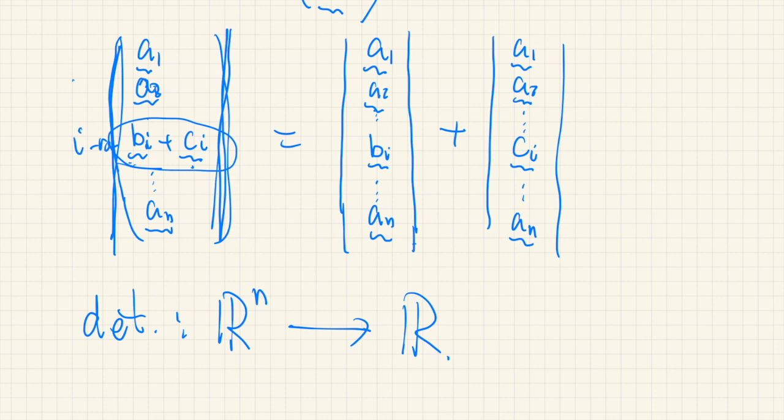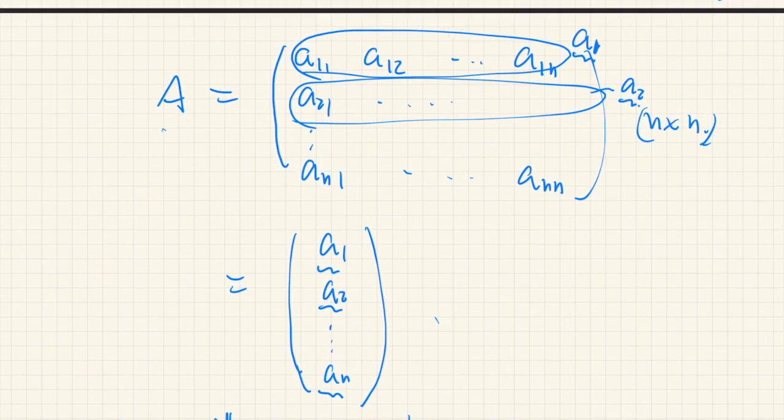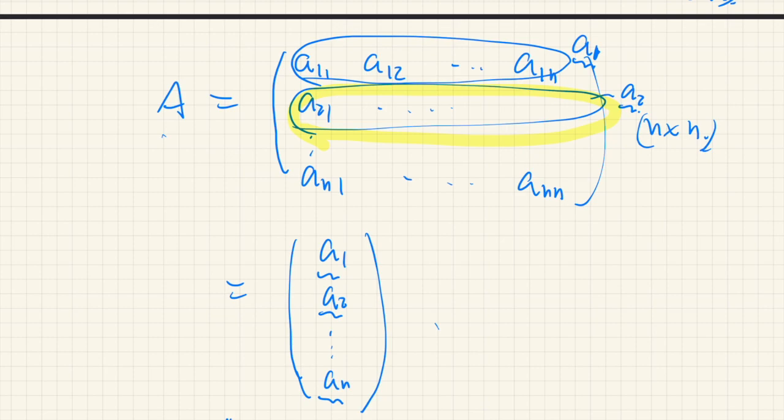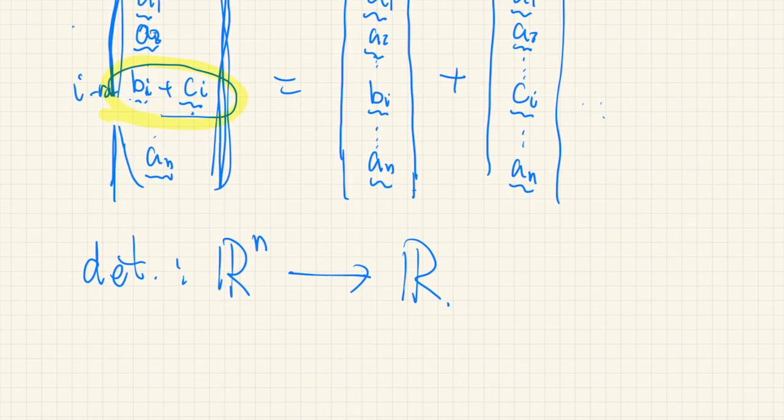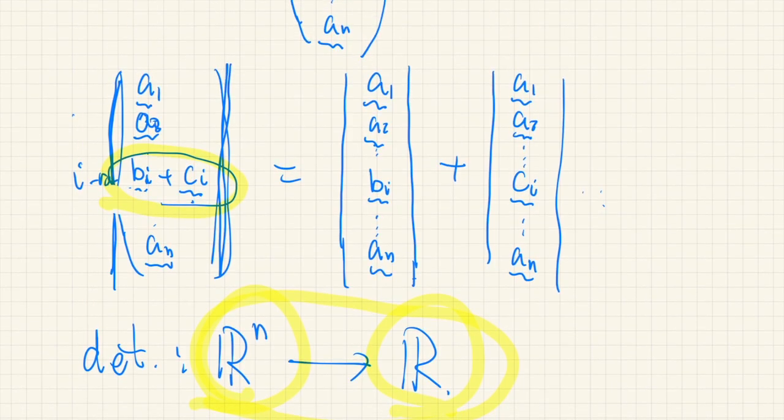The result is the determinant, so it's a real number. Here we consider determinant as a function of its ith row. The ith row is made of n real numbers, so it can be considered as an n-dimensional vector space. So determinant is considered as a function from this space to real numbers. If we consider it this way, then it's a linear function.